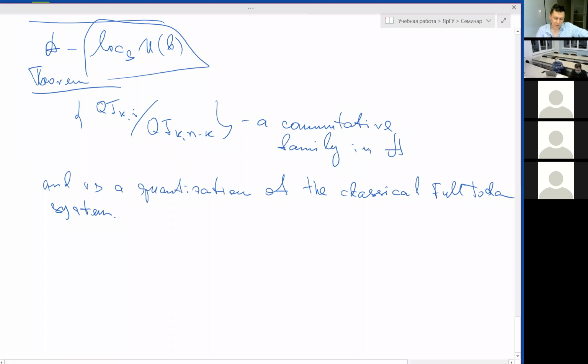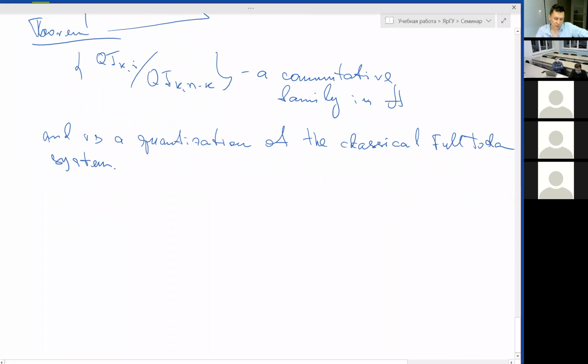Now I wish to discuss some geometric and algebraic applications of this model. The first geometric object related to the system is naturally the flag variety.